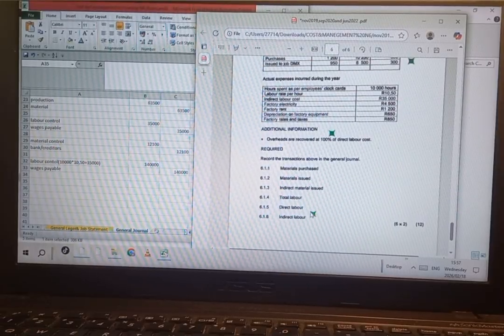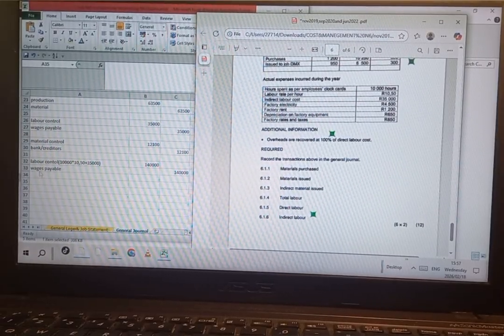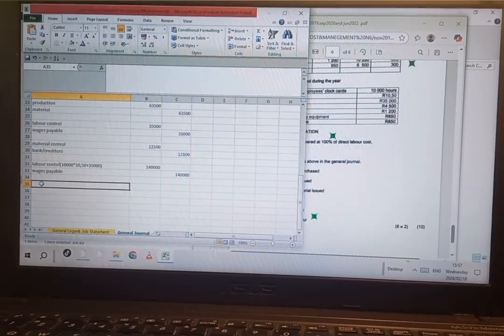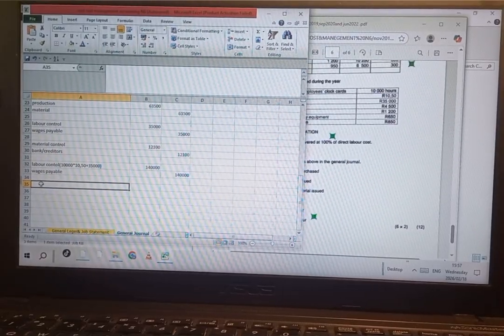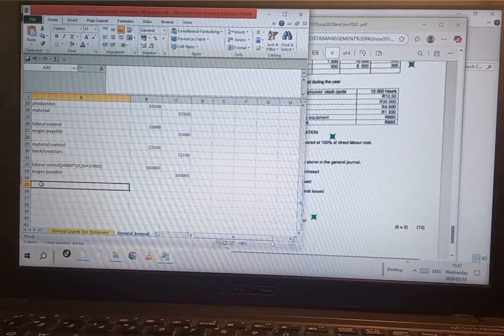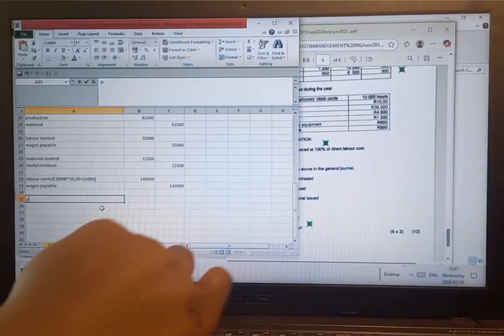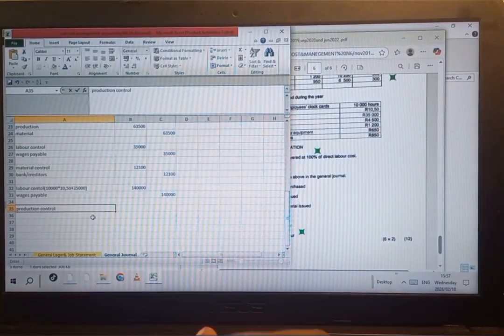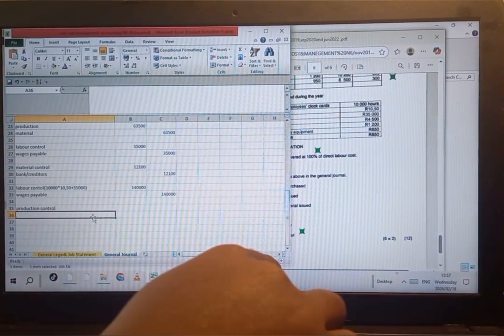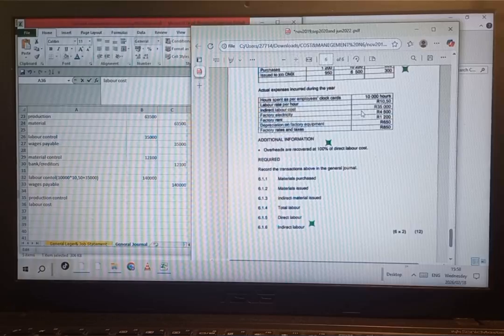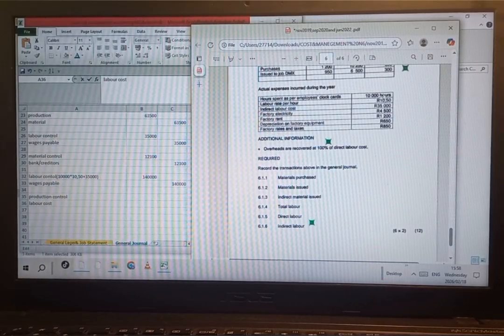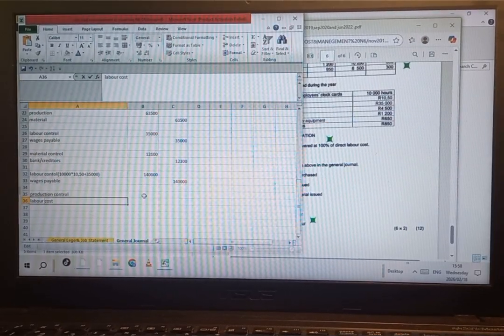6.1.5 says direct labor. We should prepare direct labor. The account that will be debited is production. We debit production control, then we credit labor cost. Our direct labor is the one that we need to calculate: 10,000 hours times 10.50.